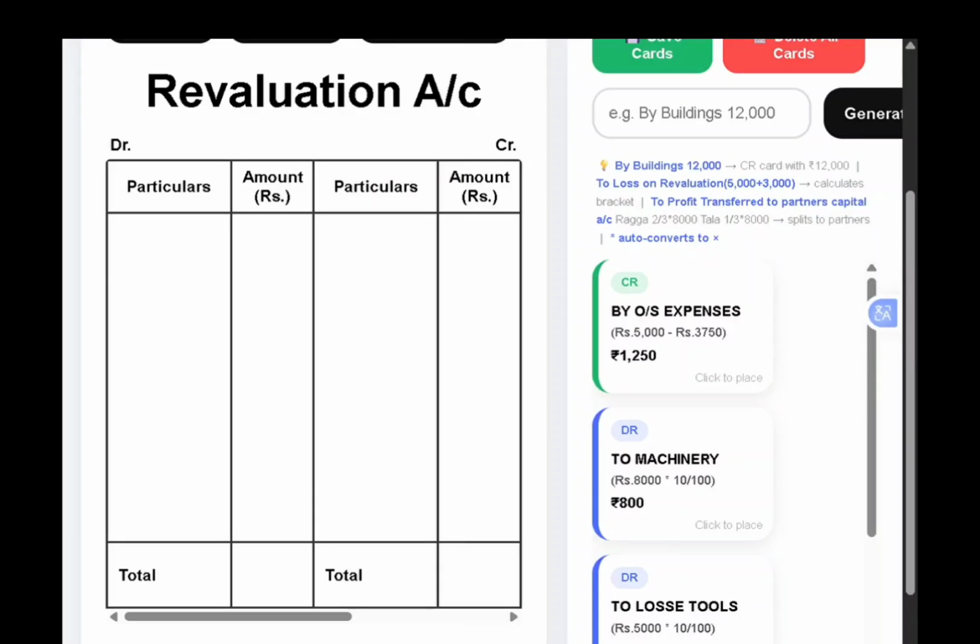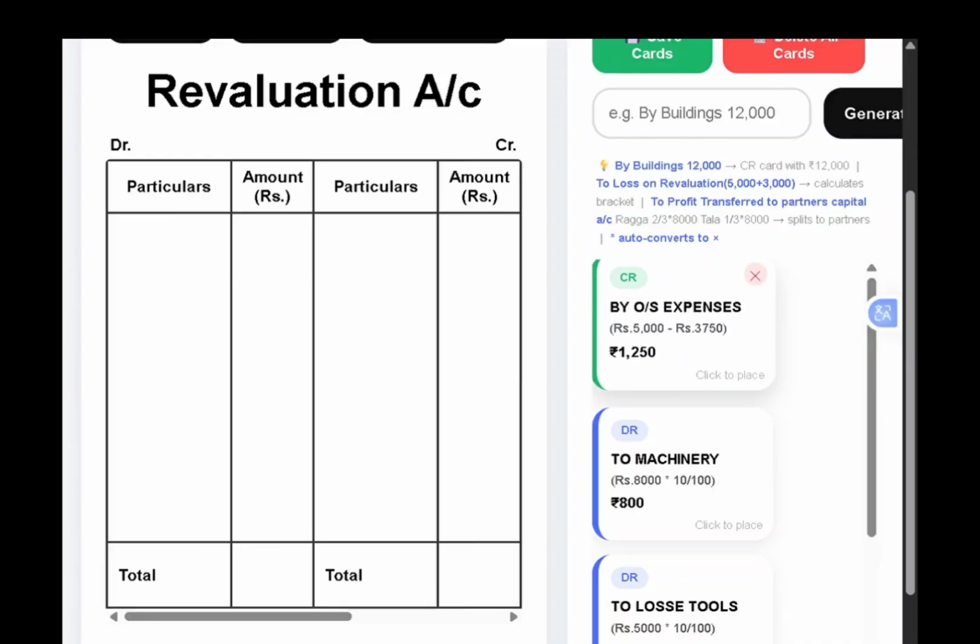So now let us prepare the revaluation account with the given adjustments. The first adjustment we have here is the outstanding expenses, which are to be brought down to 3,750. We had already calculated the difference amount. This is a decrease in the liabilities, so it will appear on the credit side of the revaluation account as outstanding expenses.